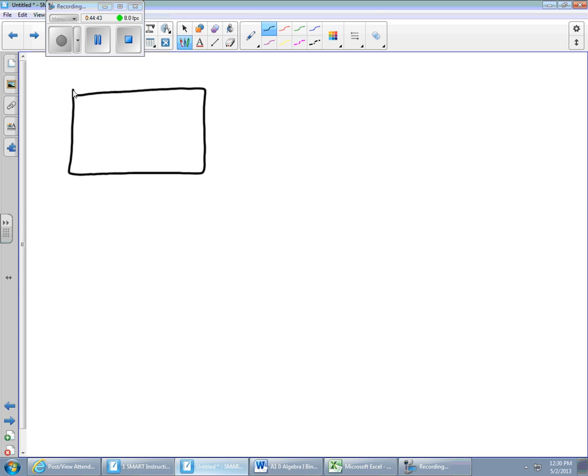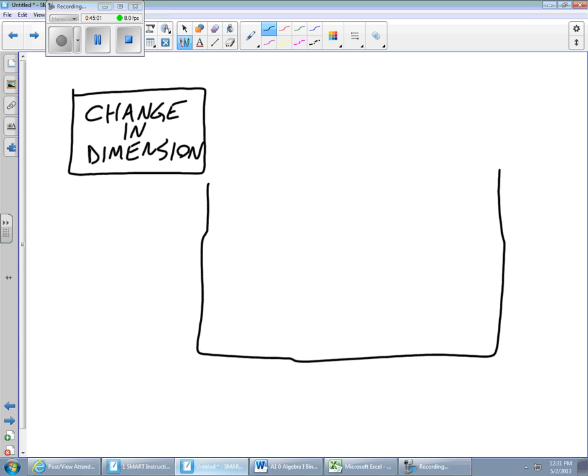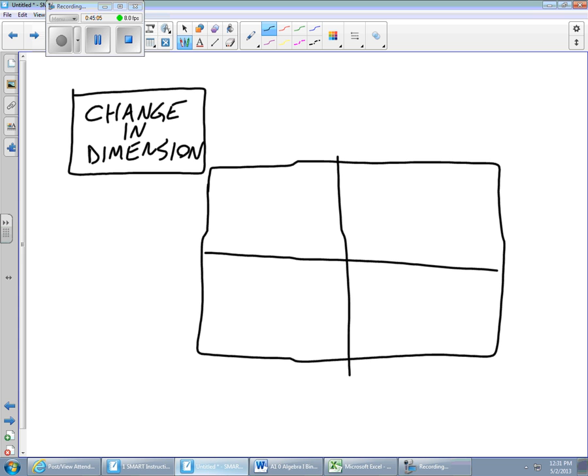On the cover of that, what we're going to write in is change in dimensions, which is something we have spent quite a bit of time talking about in the last couple of units. Now, as you unfold that foldable, you'll end up with something closer to that. This bottom left-hand rectangle down here, that's the one that's glued in if you glued it in the way that I said.